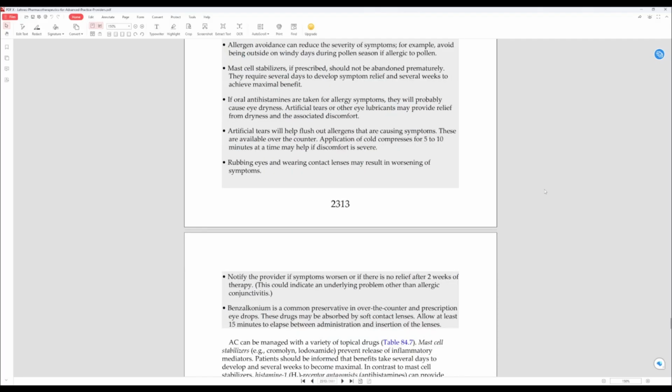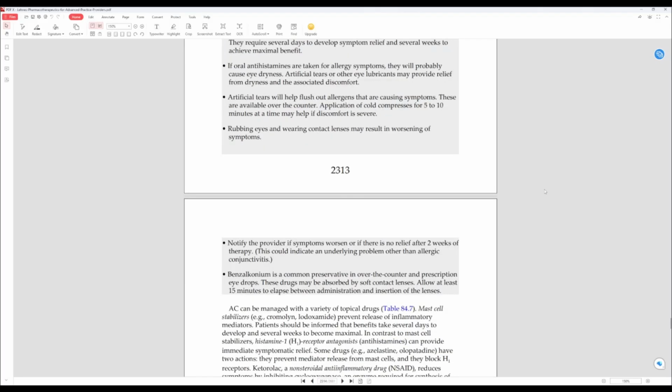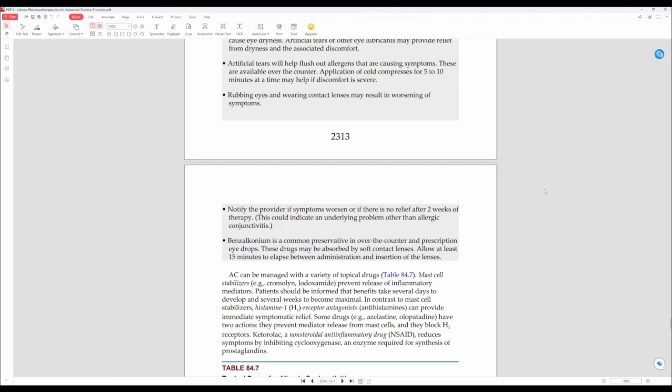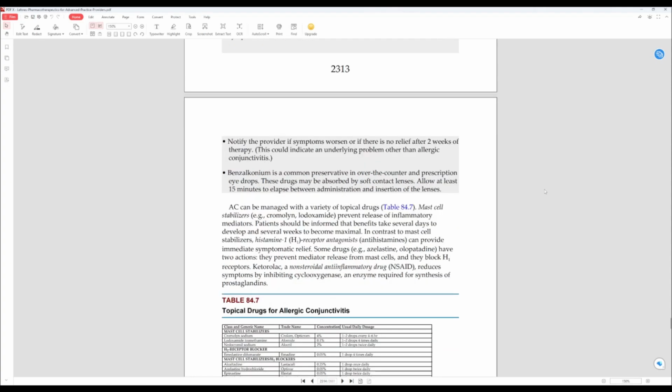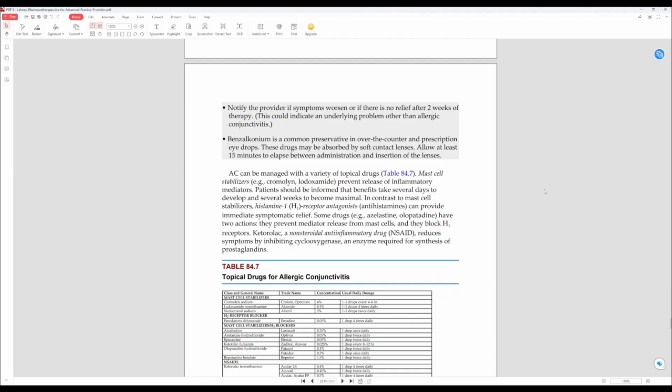AC can be managed by a variety of topical drugs. Mast cell stabilizers prevent release of inflammatory mediators. Patients should be informed that benefits take several days to develop and several weeks to become maximal. In contrast to mast cell stabilizers, histamine 1 H1 receptor antagonists can provide immediate symptomatic relief. Some drugs have two actions.